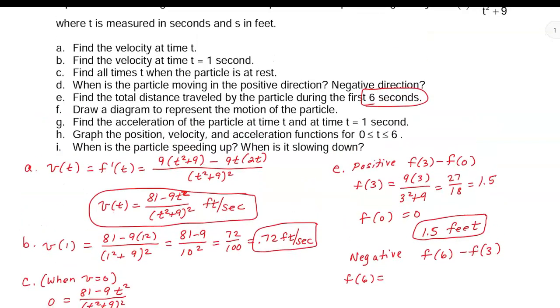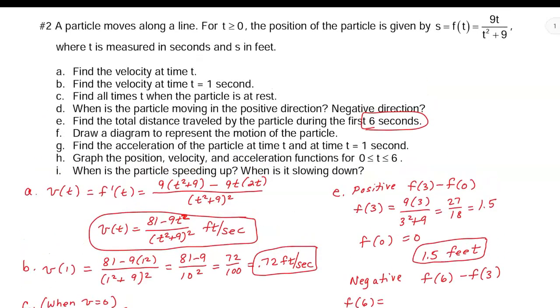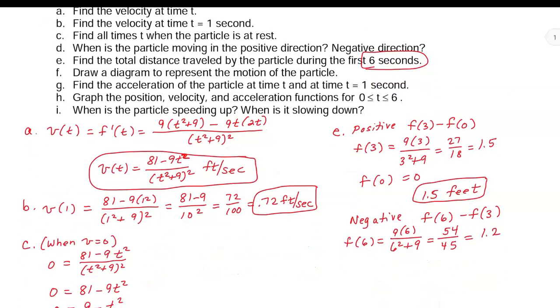So we'll get 9 times 6 over 6 squared plus 9. Now we know f of 3 already, so 1.2 minus f of 3 was 1.5. And this is a total distance traveled. So we're going to take the absolute value of this difference because we want the total distance traveled. Right here, total distance. So that means you're going to take an absolute value, and that's 0.3 feet.